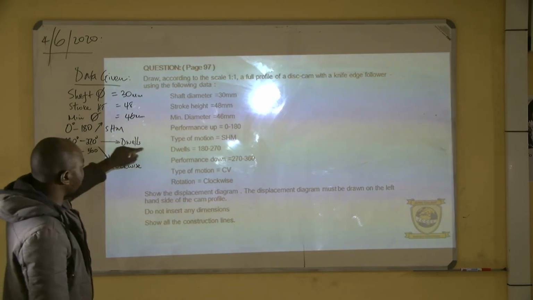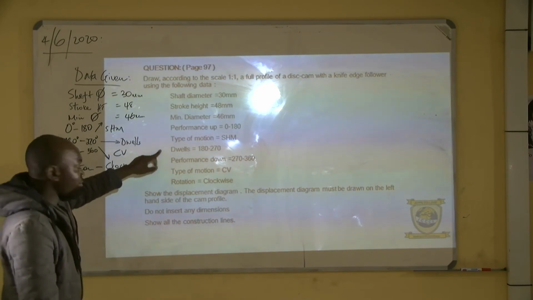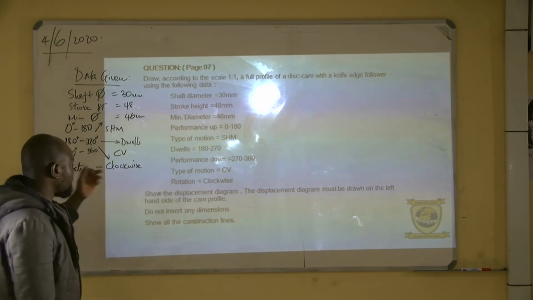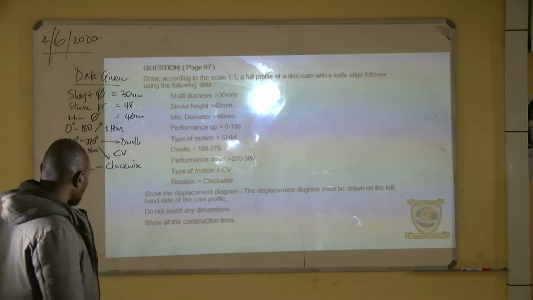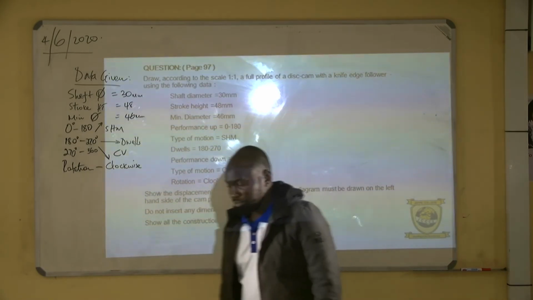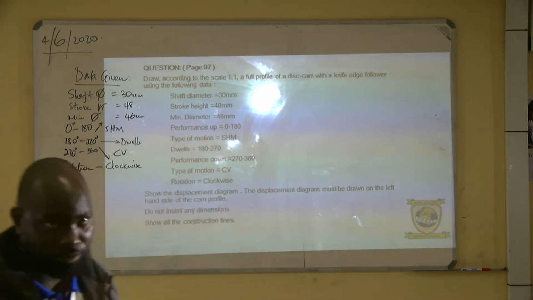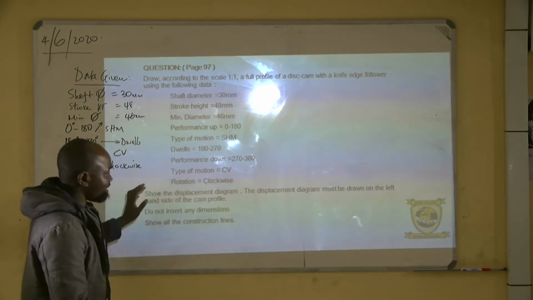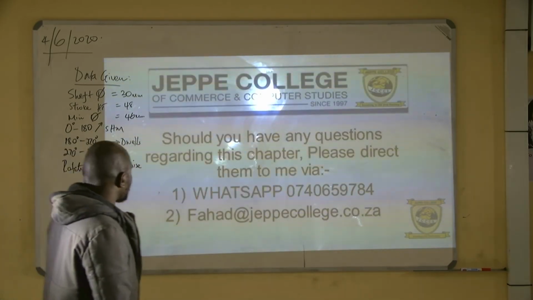From 180 to 270 it is dwelling, so there is no lift, no fall. From 270 to 360, constant velocity, and the rotation is clockwise. Let us take this one on.